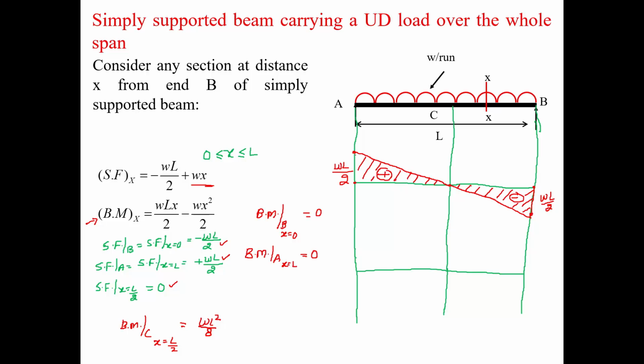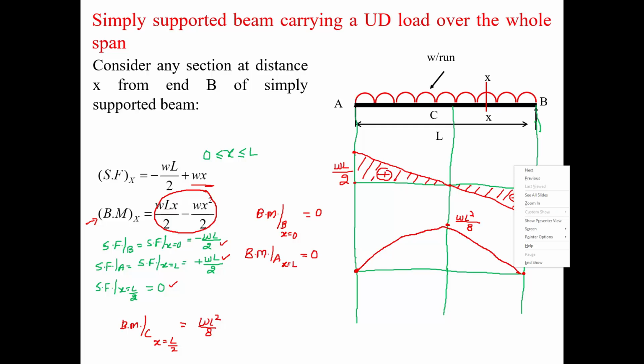So what we can do is simply, bending moment at B is 0, bending moment at A is 0, bending moment at C is WL square by 8. So this is the bending moment. When you join the bending moment points at A, B, C, make sure that you follow the path of a second degree curve, since the bending moment equation is second degree. So you make a parabola here. Okay, so this is it.